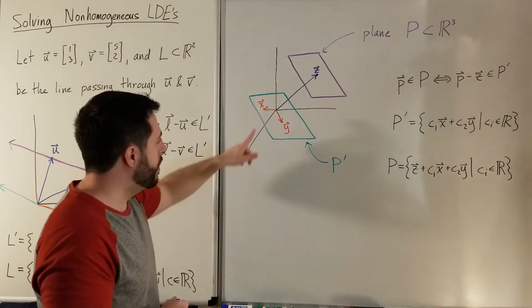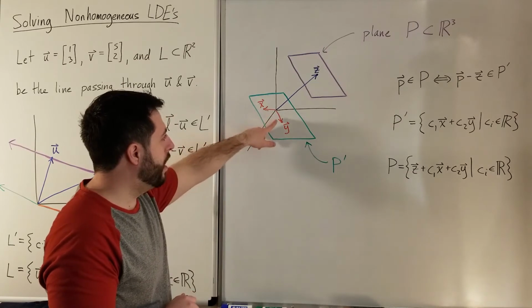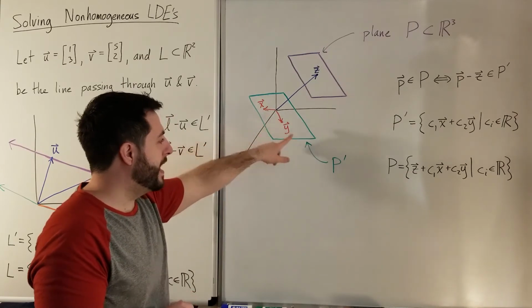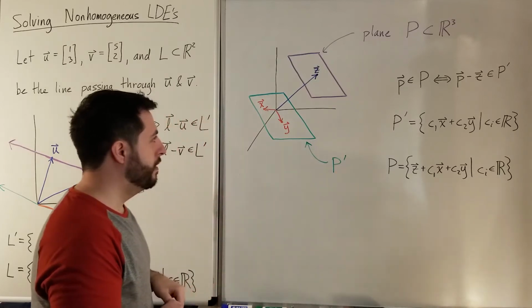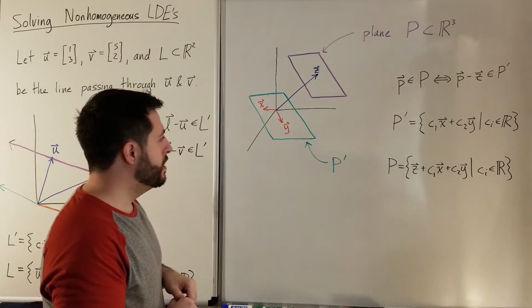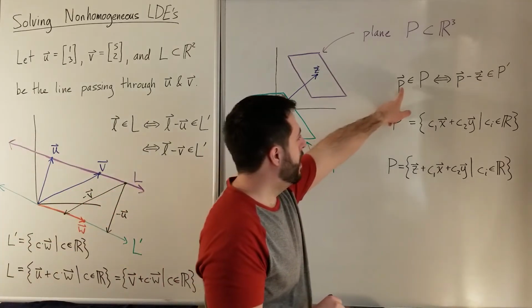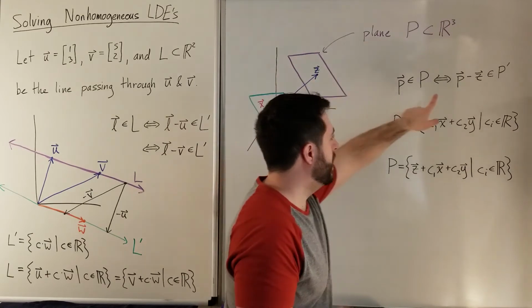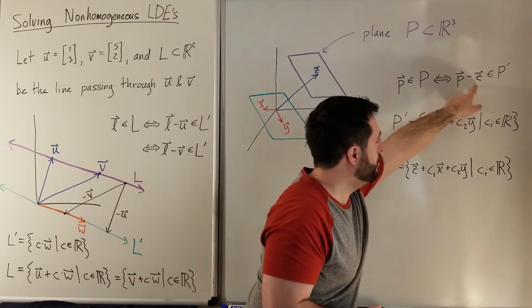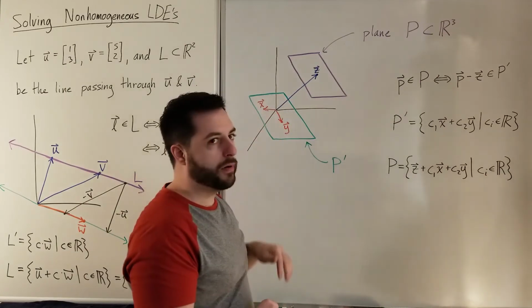Okay? We also have these two vectors x and y, which are linearly independent and span this plane p prime. Okay? So very similar to this, we can say that a vector p is in this purple plane P if and only if p minus z is on the green plane p prime.